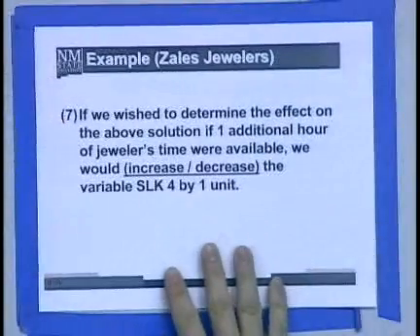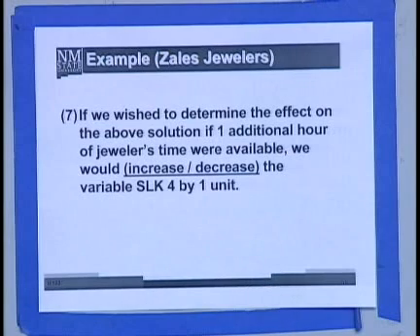Okay, next question is number 7. If we wish to determine the effect on the above solution, if 1 additional hour of jeweler's time were available, we would increase or decrease the variable slack 4 by 1 unit.